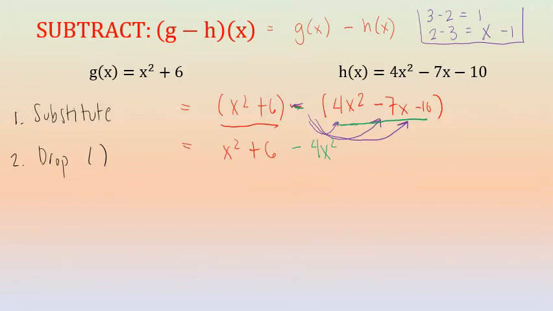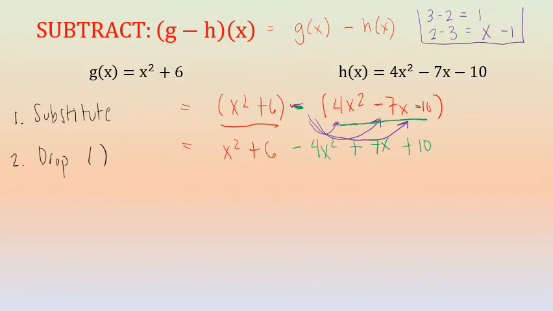Next, negative times negative 7x. So negative times negative, that will give us positive 7x. And last, negative times negative 10, negative times negative, that is positive 10.